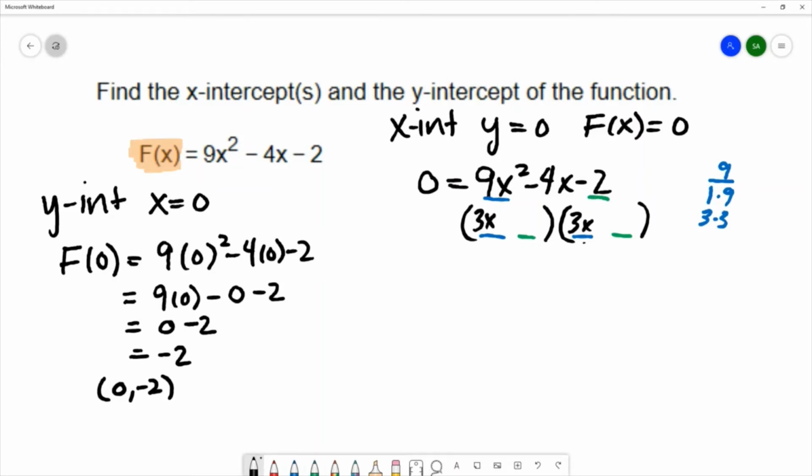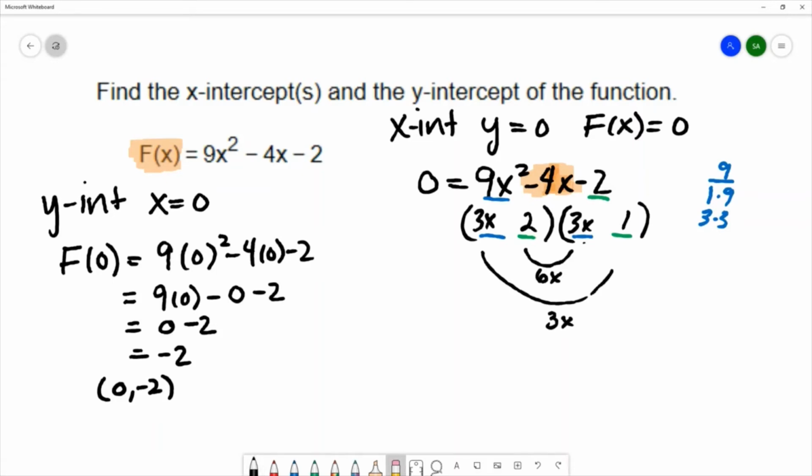That's 2 times 1. I would do 2 and a 1, and I would test out the inside and the outside because I want to make sure that I would get the right middle term. So for the inside and the outside, that would be a 6x and a 3x. And if I combined 6x and 3x by either adding or subtracting, that's not going to create a middle term of 4. So I know this is not the right choice.